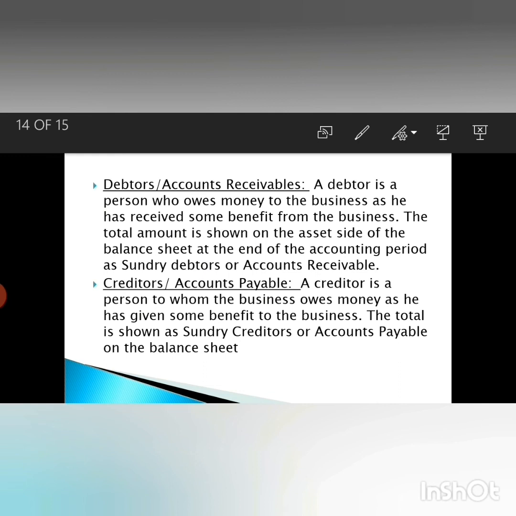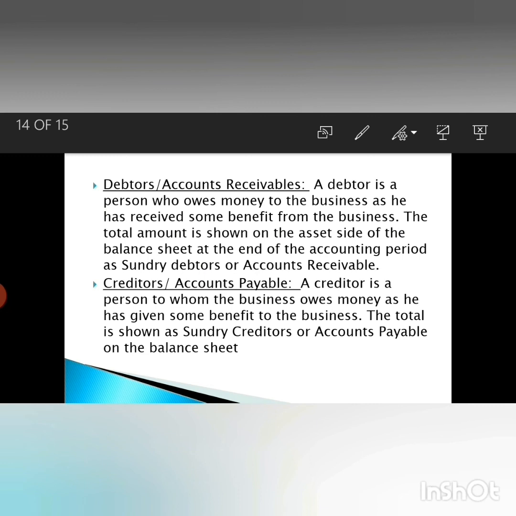Now, debtor is a person and he is an asset to the business. Debit is an aspect and debt is a liability.